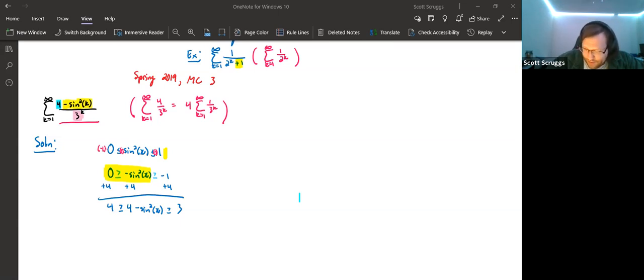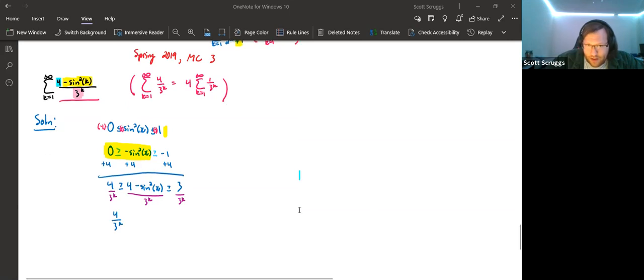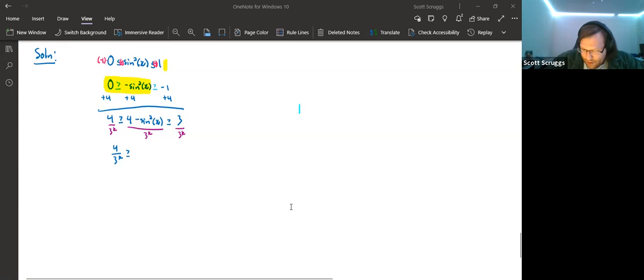That is always positive. So I'm going to do the 3 to the k power over here, giving me now an inequality of 4 over 3 to the k less than or equal to 4 minus sine squared of x over 3 to the k power, less than or equal to 3 over 3 to the k, so 1 over 3 to the k minus 1, which is always positive for that.